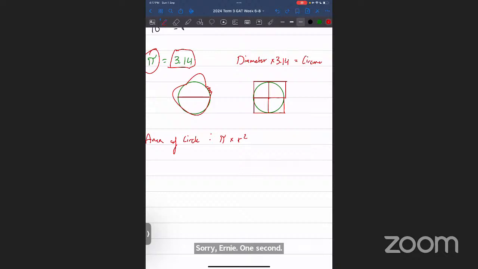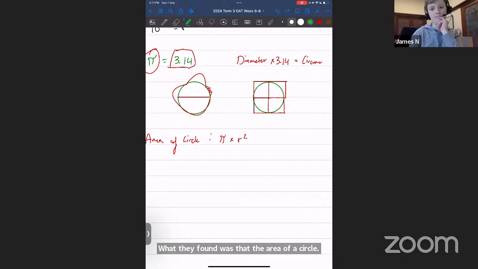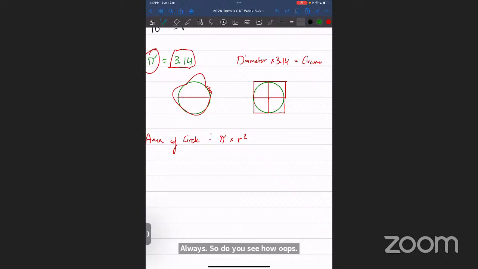What they found out was that the area of a circle always, do you see how it fills in this much of the square, this much of the square, this much of the square, and this much of the square? And then this bit here is left out, this bit here is left out, this bit here is left out, and this bit here is left out.